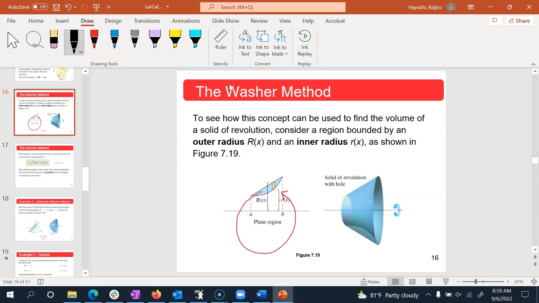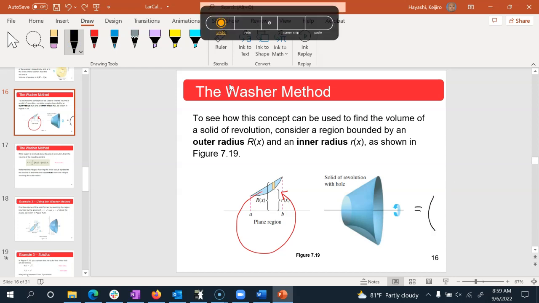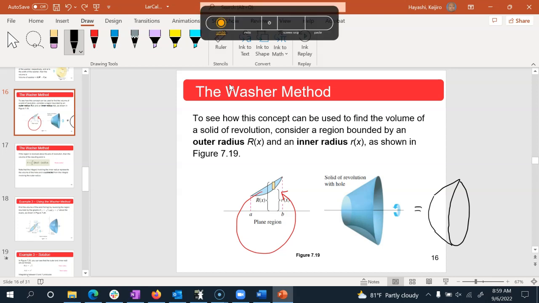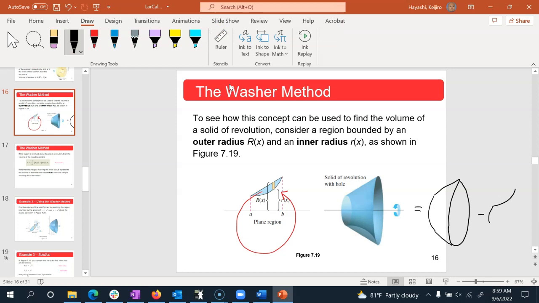Okay, but you can literally think of this as a solid cone minus a weird sort of little inside region.